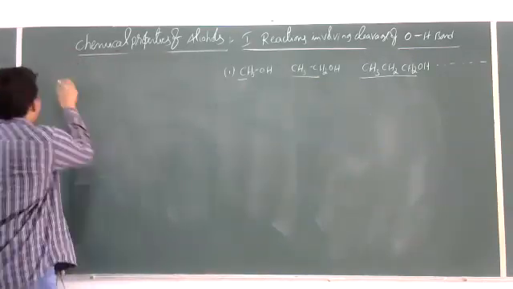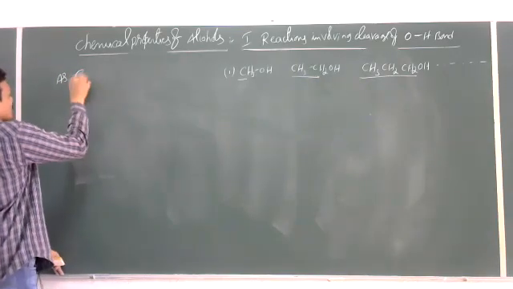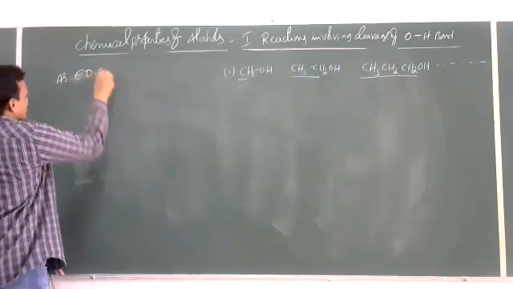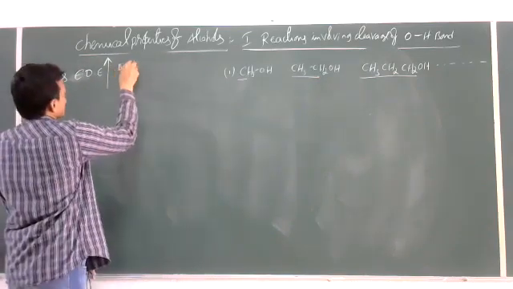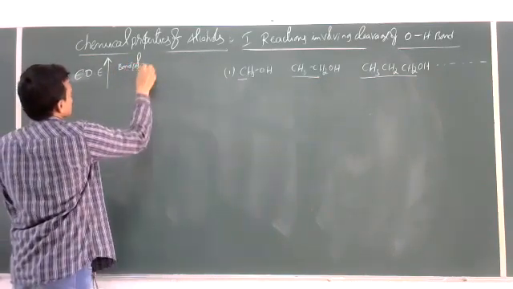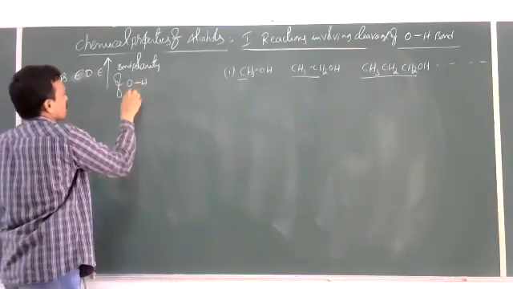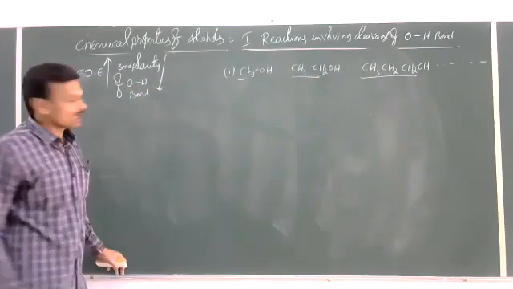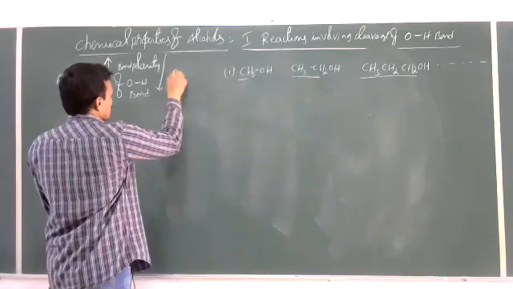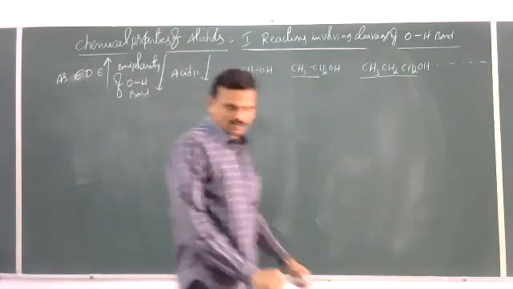So as the plus I or electron donating effect increases, what happens to the bond polarity of the OH bond? It decreases. As the bond polarity of the OH bond decreases, acidic strength also decreases.